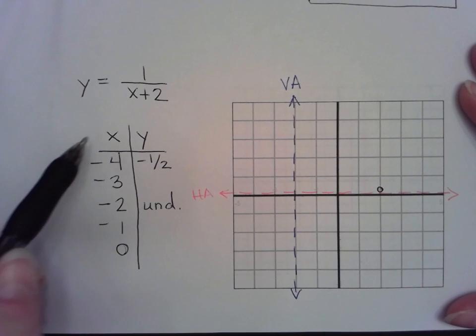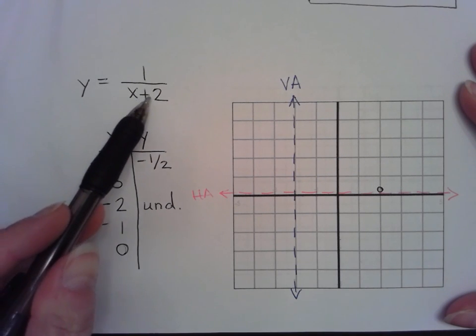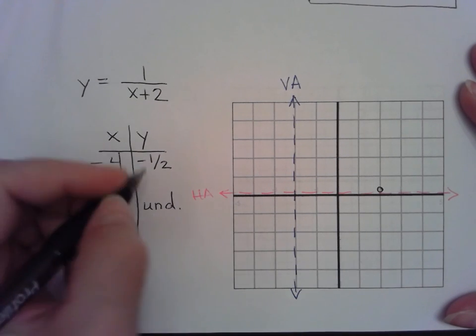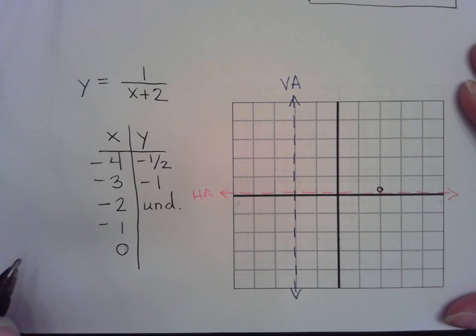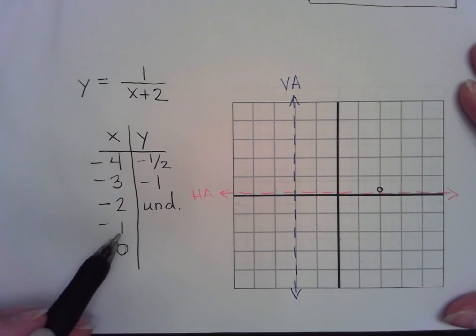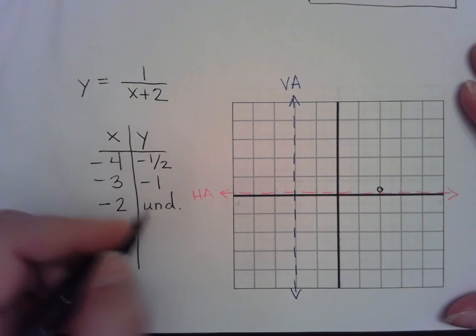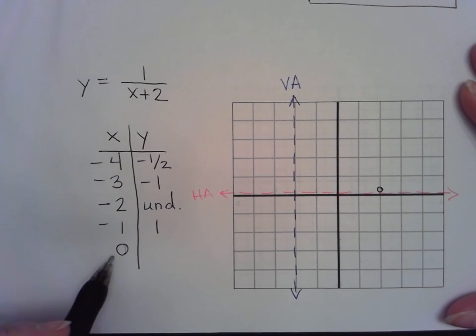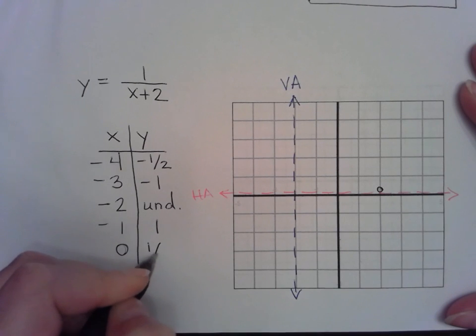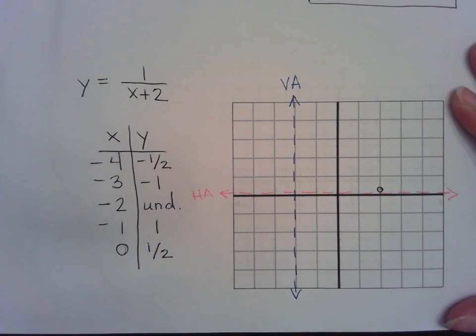If I plug in -3, -3 plus 2 would be -1. It's 1 over that, which is -1. Then on this side, -1. If I plug that in, it'll be 1 over 1. If I plug in 0, it'll be 1 over 2. You can definitely use decimals if you like that better.